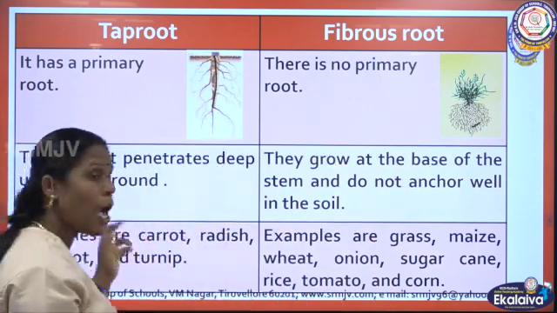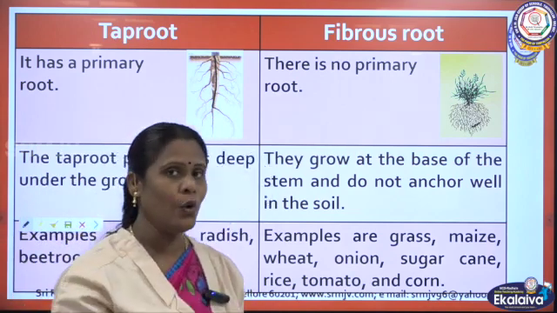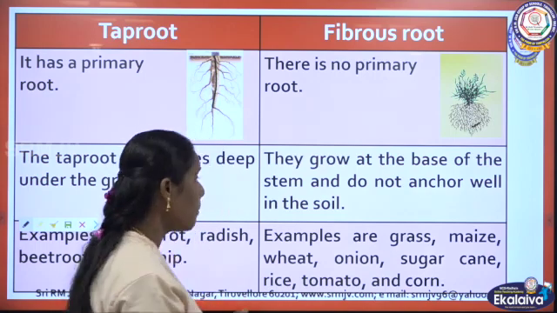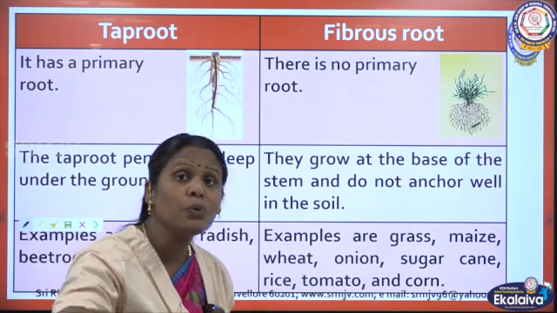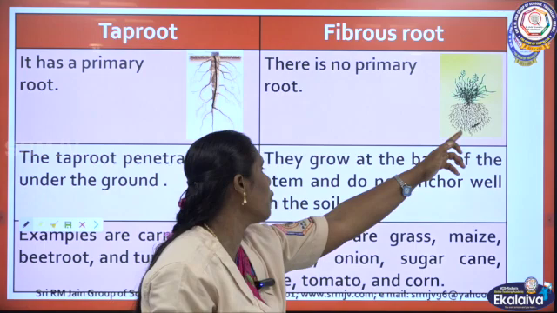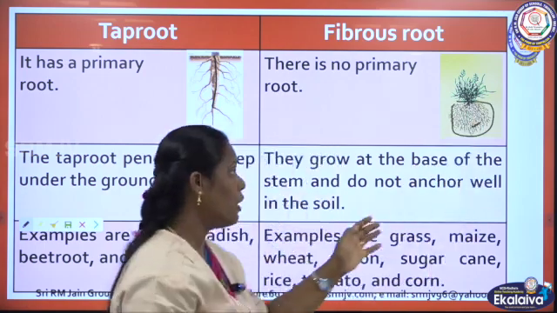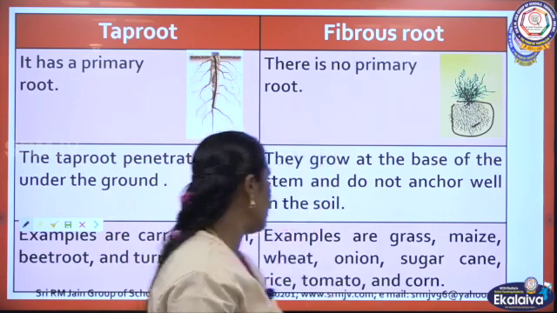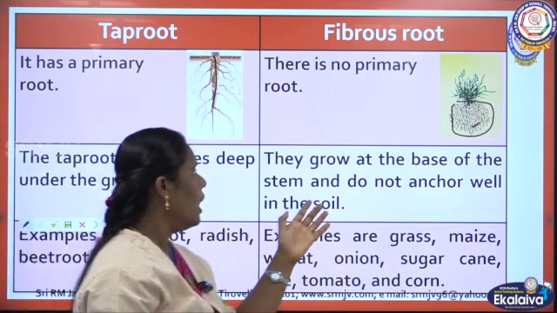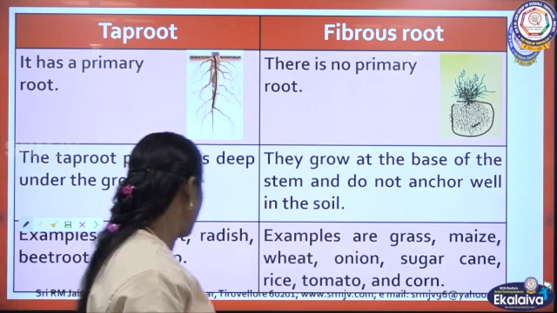Next, the taproot penetrates deep into the soil to fix firmly. It is difficult to uproot it. But fibrous roots grow at the base of the stem and do not anchor well in the soil. So, we can easily uproot a fibrous root.